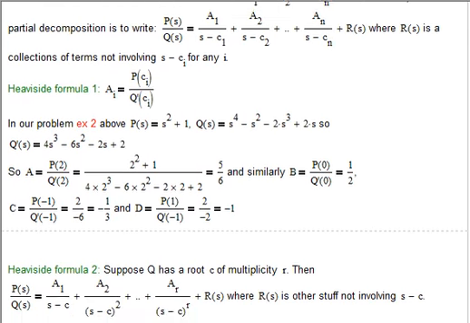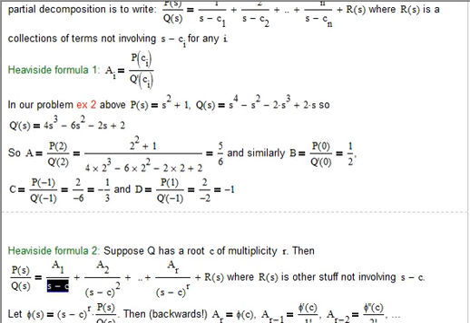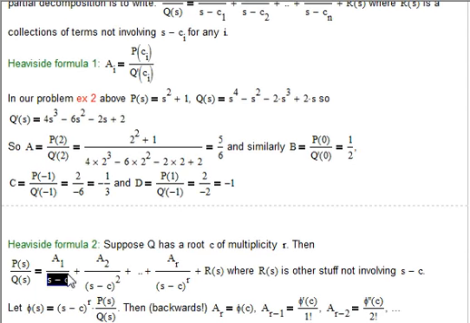Now, there's another formula for the Heaviside approach, which might or might not be useful, but the idea is there should be a nicer way to do this if we have repeated factors, like if S minus C is a repeated factor. The partial fraction decomposition would say we have to have S minus C to all powers up to however many times it occurs.